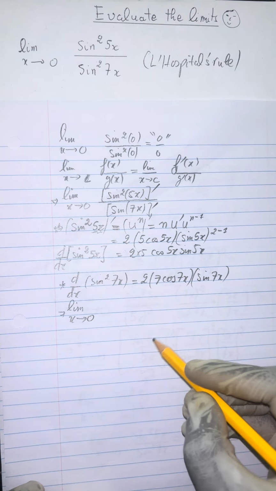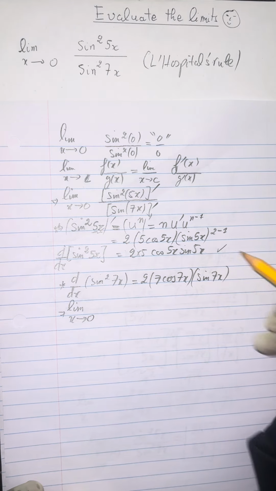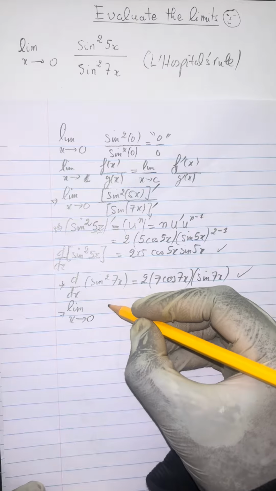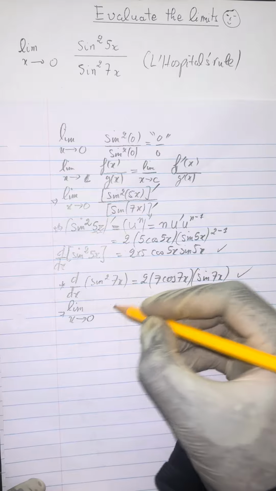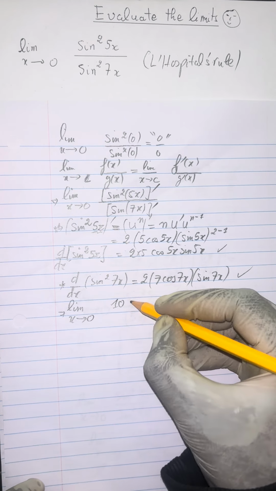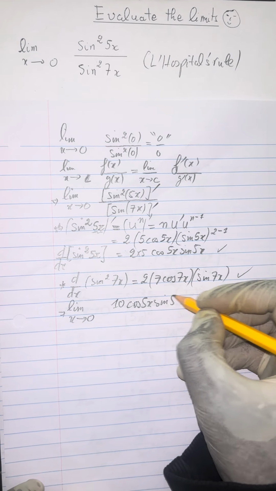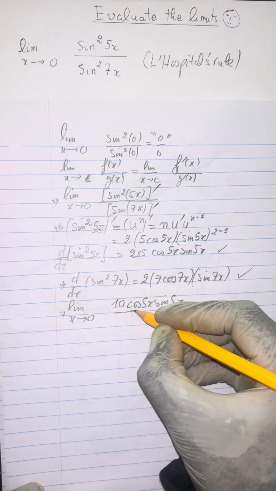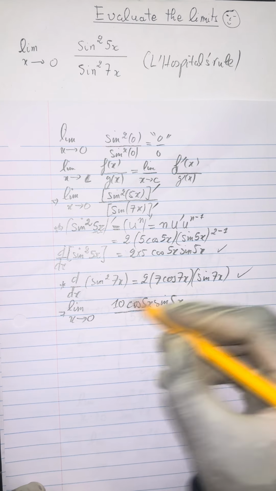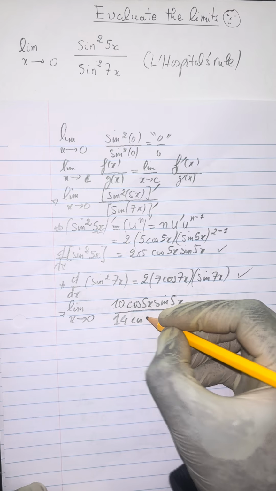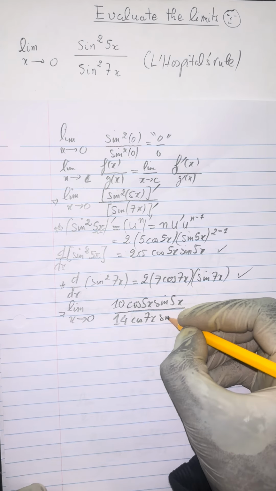Let's replace the numerator by its value and the denominator by its value. The numerator is simply 10 cos of 5x sine of 5x over the denominator, which is 2 times 7, that's 14, cos of 7x sine of 7x.